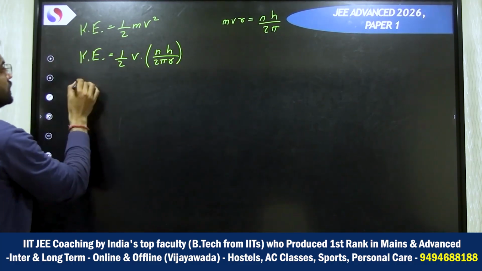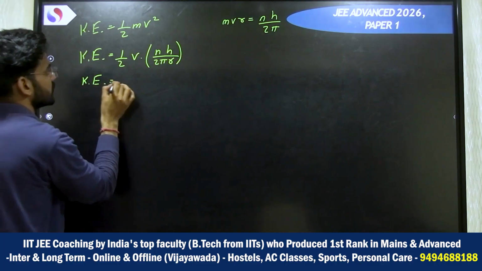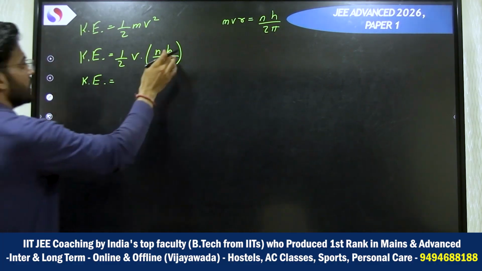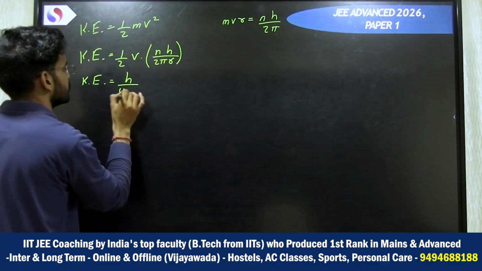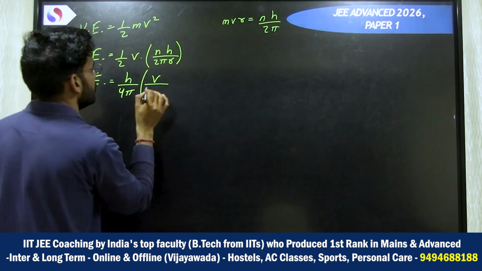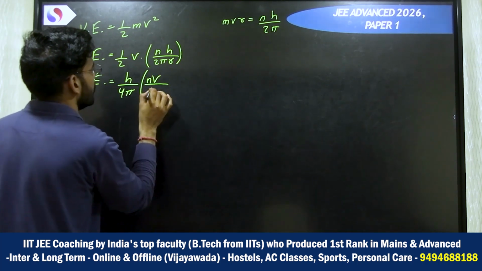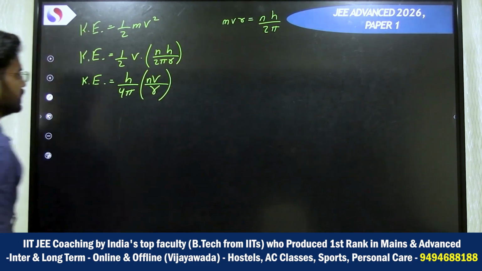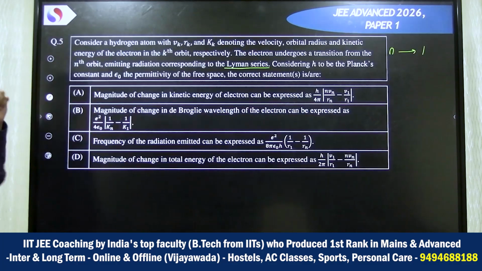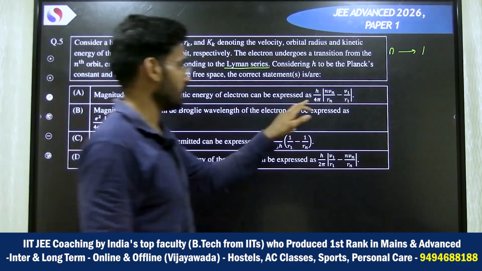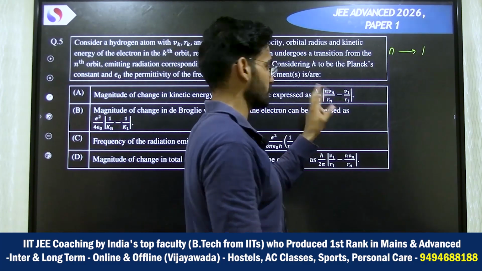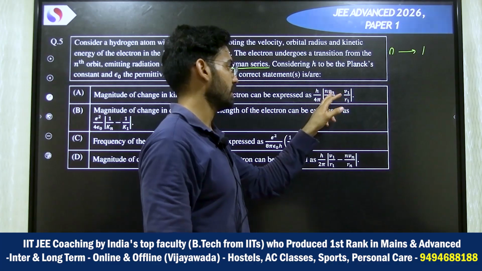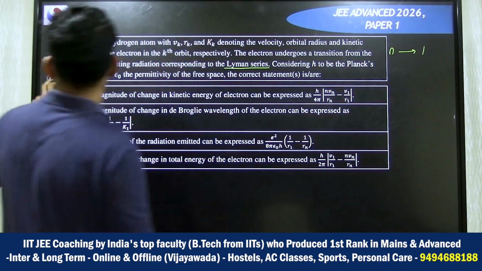The constants which will not change, h upon 4 pi, are out, and you will have nv by r, right? And that's what he is saying. Kinetic energy difference is nv by r. If you subtract both the kinetic energies, that will be h by 4 pi times nv by r. Let me write it down for you.